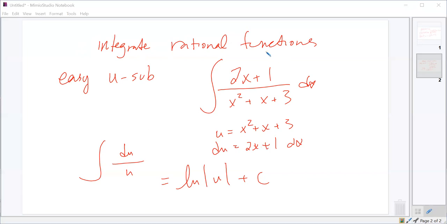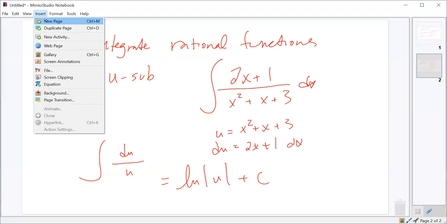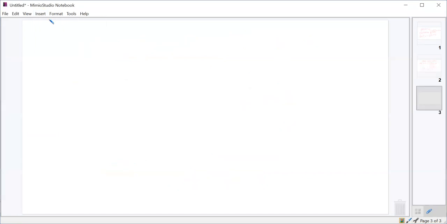Second thing is, this is still on rational function. So if you have something like the integral of, I don't know, let's go with 2x cubed plus x squared plus x plus 1 over x squared minus 1.